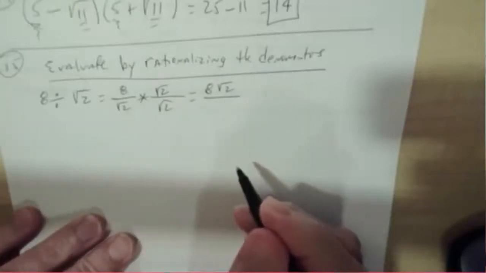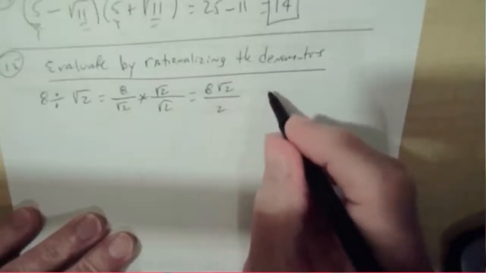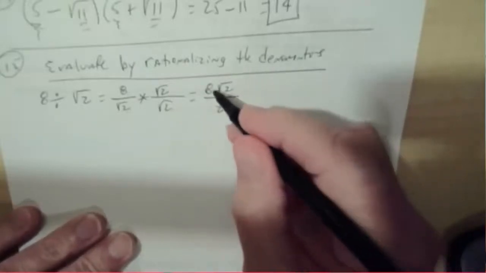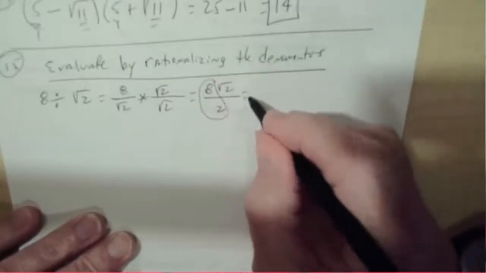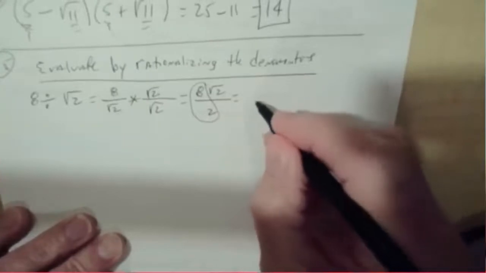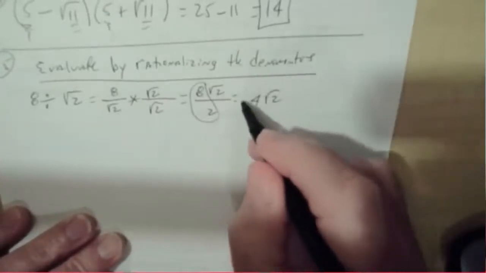So it's divided by 2. Now we can reduce this fraction. This is 4 square root 2. Okay, 8 divided by 2 is 4. Right?